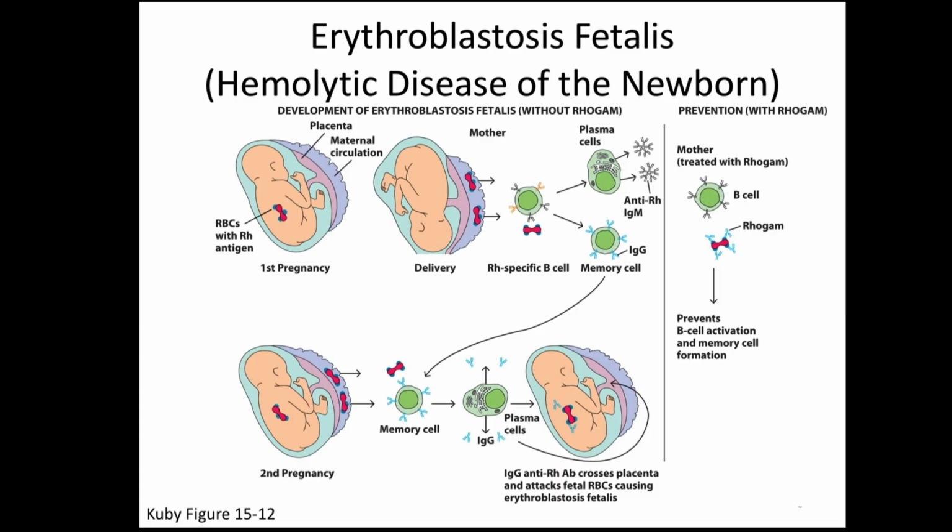RhoGAM is really just an antibody that binds to the Rh antigen on the fetal red blood cells and makes it so they can't bind to mom's naive B cells. So basically, baby's red blood cells get covered with antibody because we've treated with this antibody.